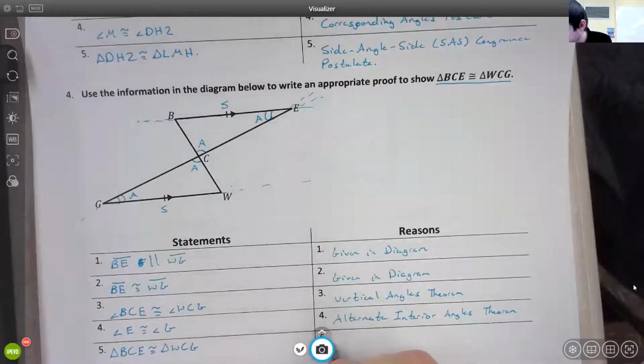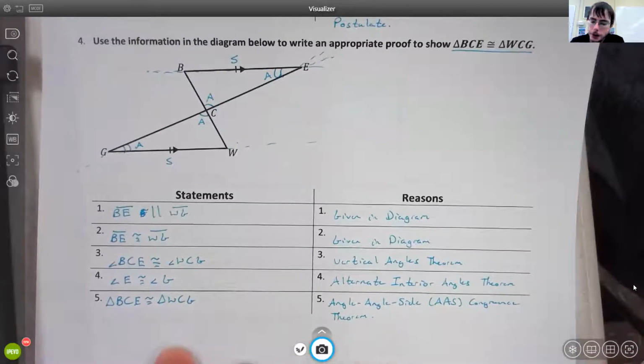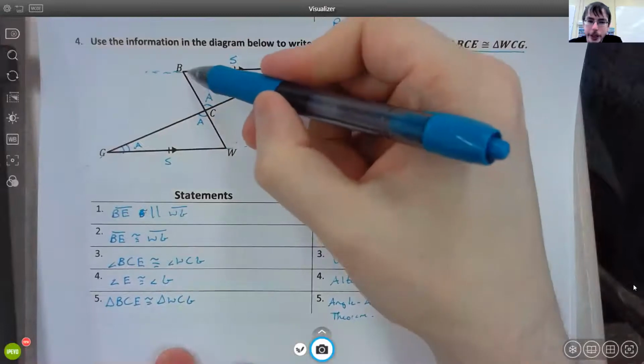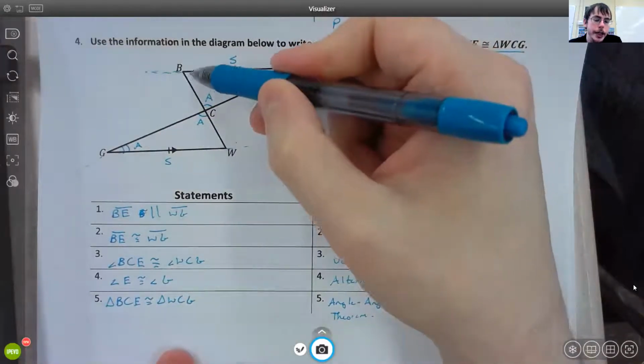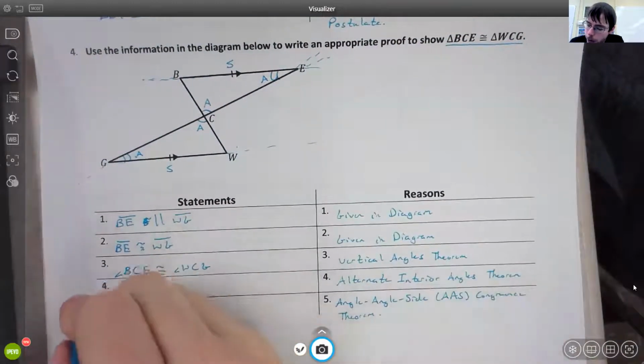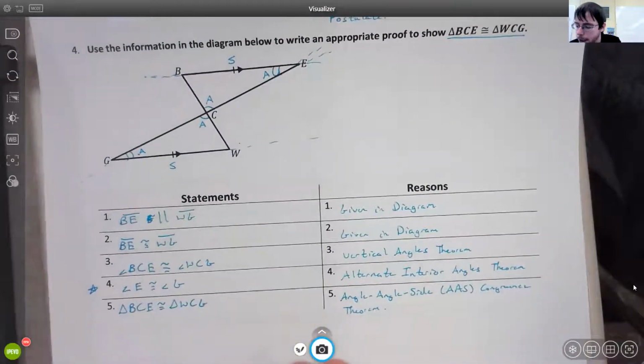So this would be angle, side, or AAS congruence theorem. Now I do want to point out, you could also have used this transversal and concluded that angle B and angle W would be congruent by this instead.